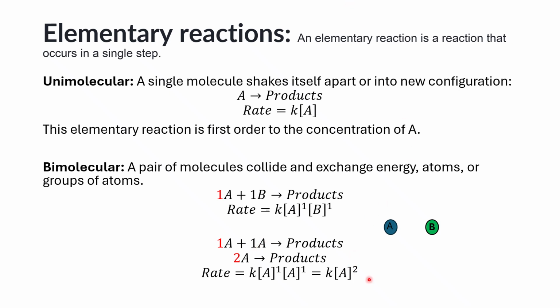So we can directly determine the order with respect to the reactant concentrations only if the respective equation is an elementary reaction. Otherwise, we cannot do this.